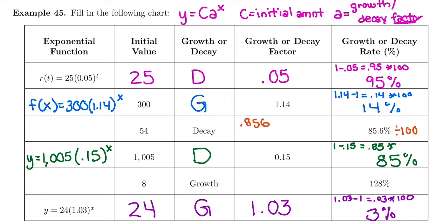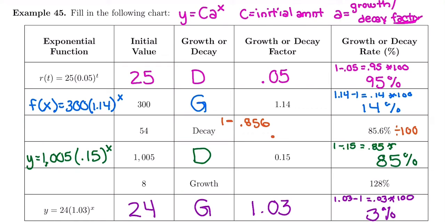And we want to figure out how much less than 1 that is. So we want to do 1 minus 0.856 in our calculator to figure out what number we have to multiply by to get a decay of 85.6%.